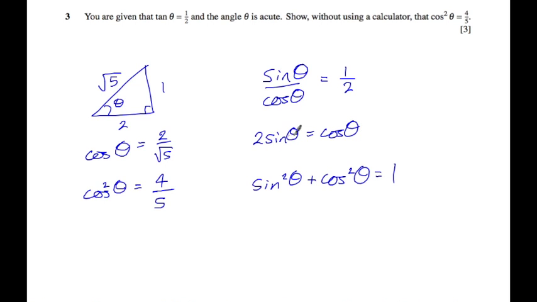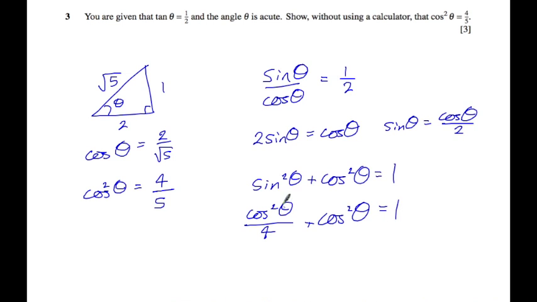To make sine the subject, I'm going to divide this by 2, so sine theta is cos theta over 2. Now, this isn't sine theta, this is sine squared theta, so we're going to have to square that. So we'll get cos squared theta over 4, because we've got to square the denominator as well, plus cos squared theta equals 1.